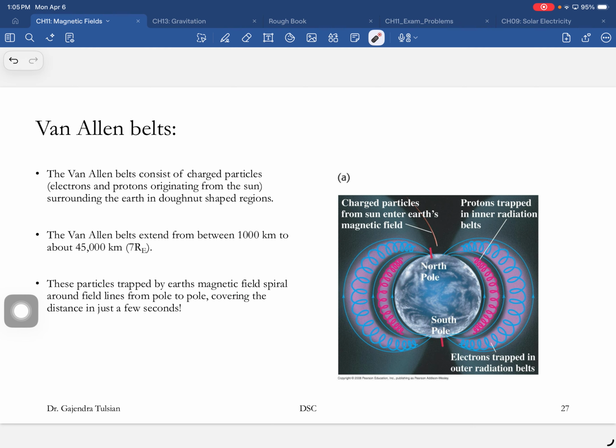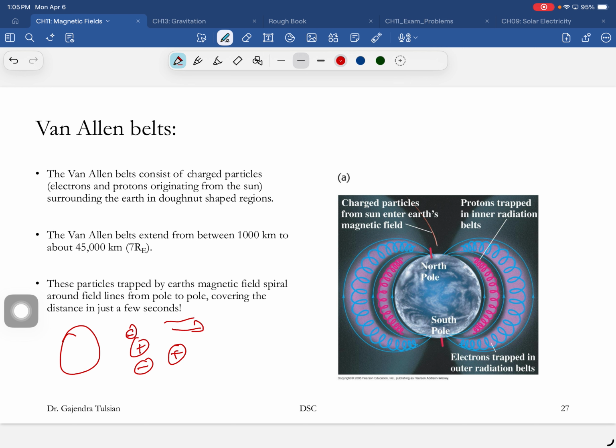Now here's another application. The sun is shooting out electrons and protons. The sun's surface temperature is hot enough that there's enough ionized hydrogen, and these particles can escape the sun's gravity. The ones with high enough energy can, and this is the solar wind.